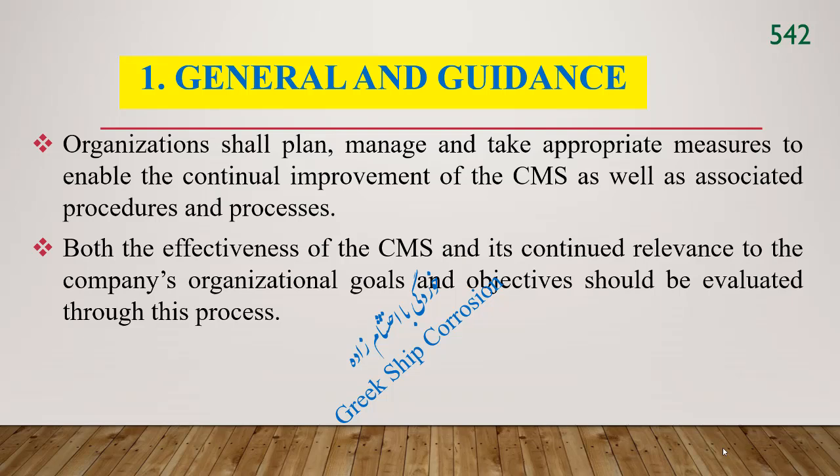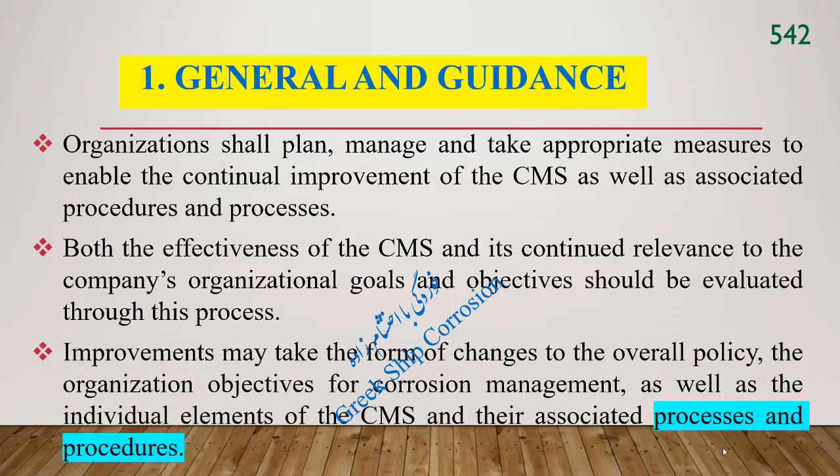Both the effectiveness of the CMS and its continued relevance to the company's organizational goals and objectives should be evaluated through this process. Improvements may take the form of changes to the overall policy, the organization objectives for corrosion management, as well as the individual elements of the CMS and their associated processes and procedures.